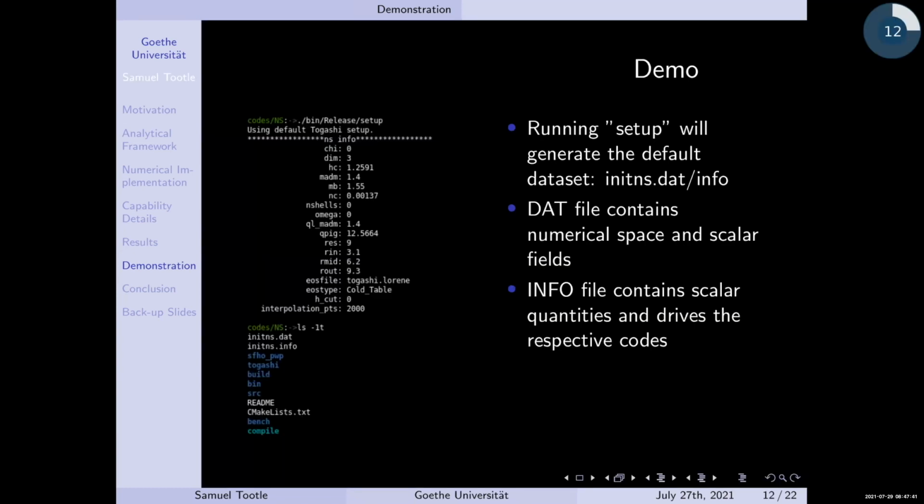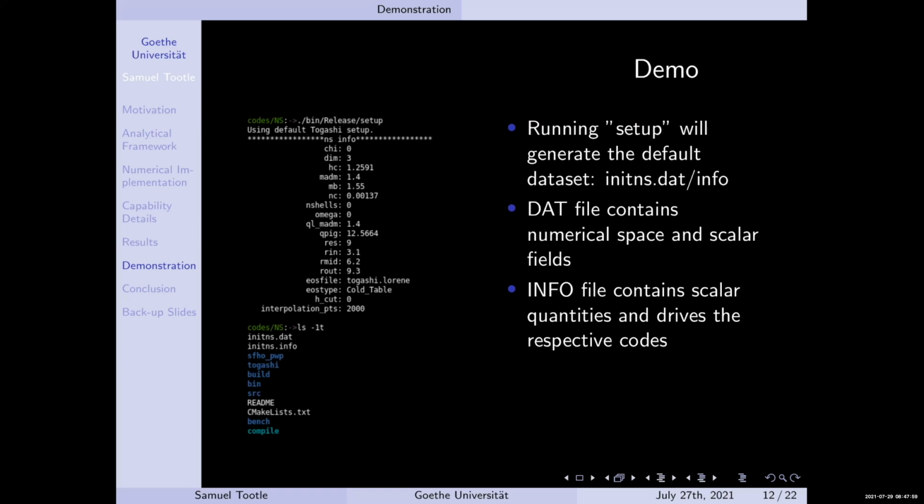Okay, so on the demonstration side, I'll try to quickly go through this. When you first get into the initial data directories, all of them start out without any sort of default setups.